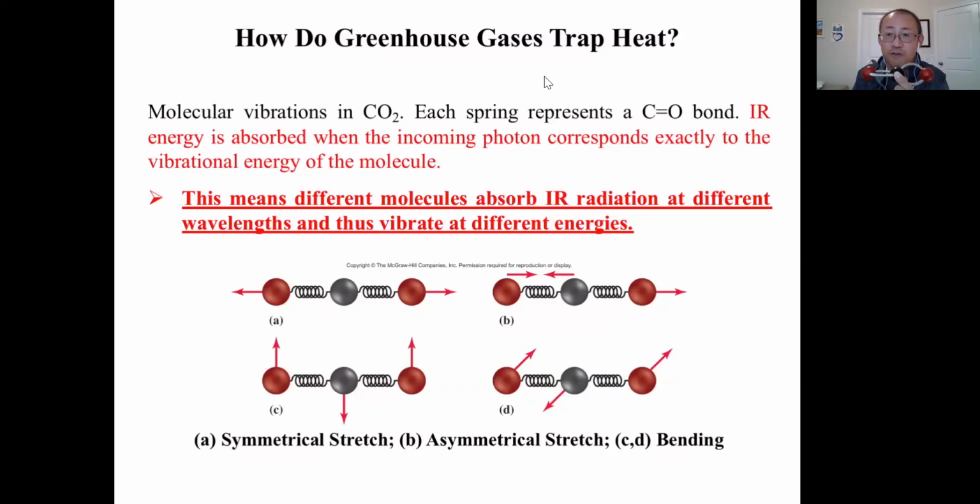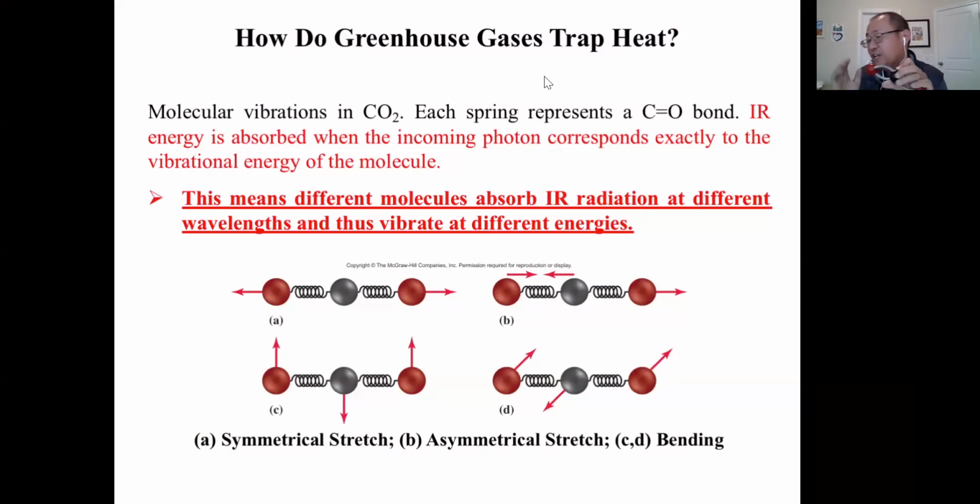Again, IR is a range. When a certain energy of the IR matches the vibrational energy of the molecule, that IR will be absorbed, taken away, and used to cause the molecule to vibrate.